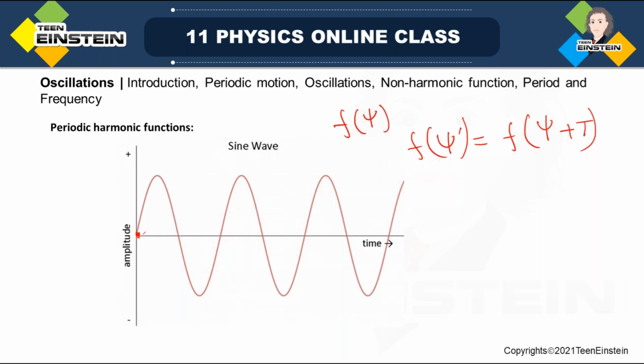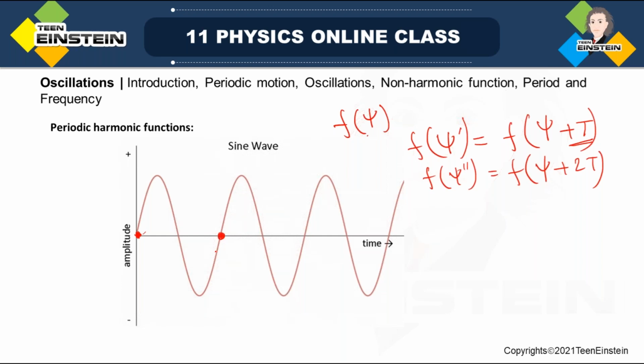Now after one time period, this will be here, right? After one time period, the object has shifted to here, but the value is the same.